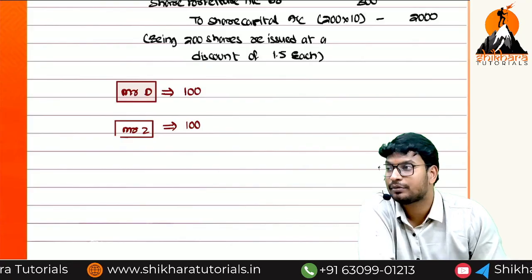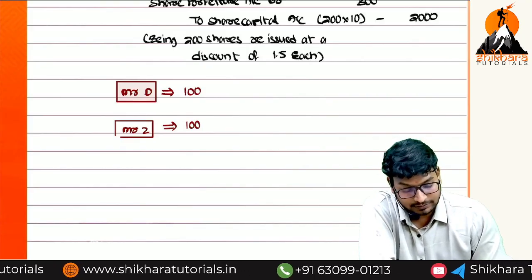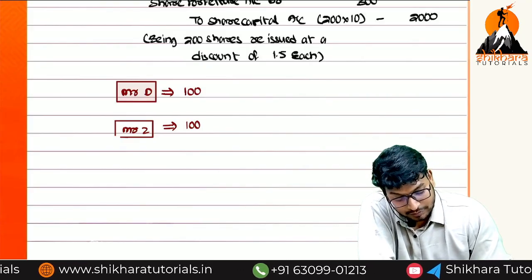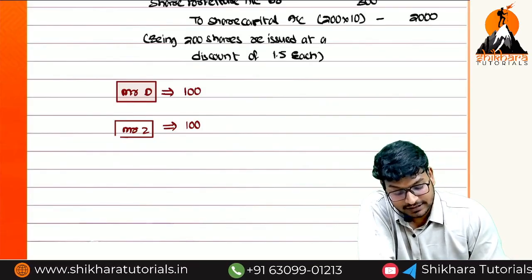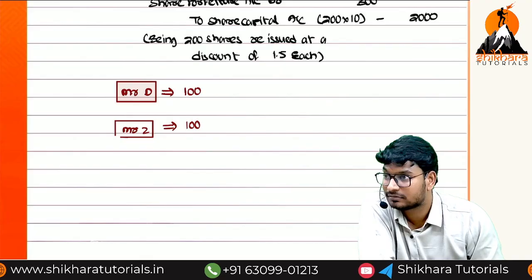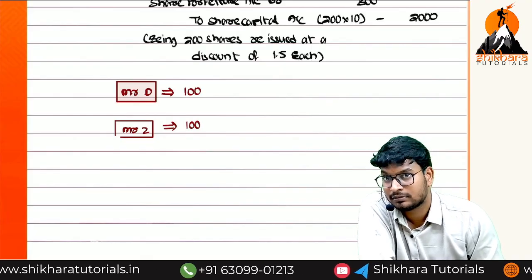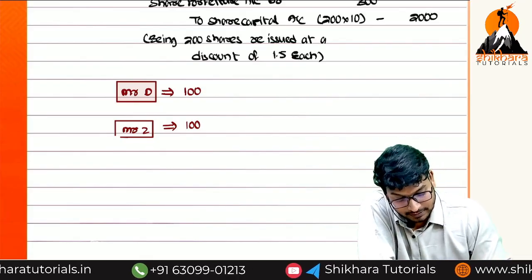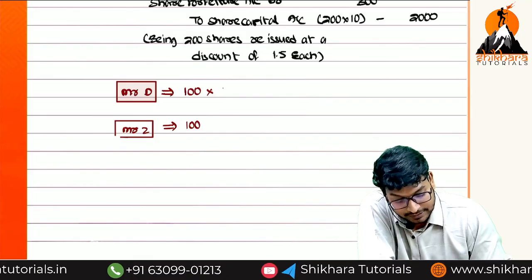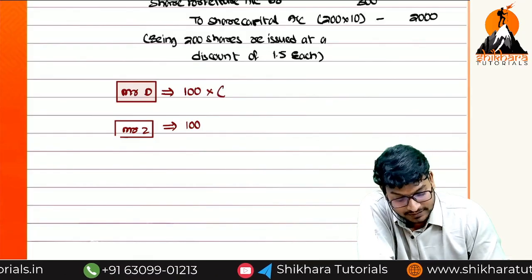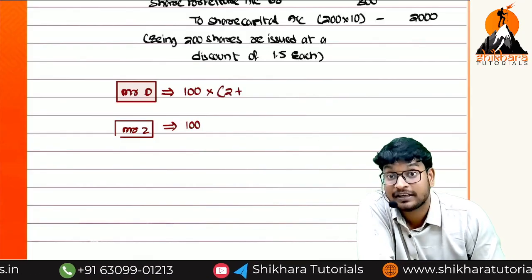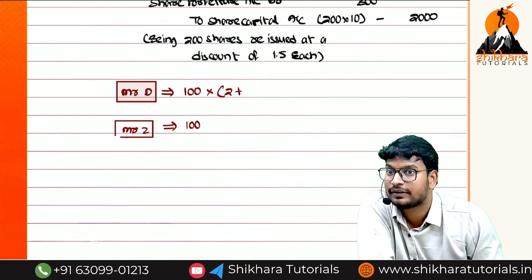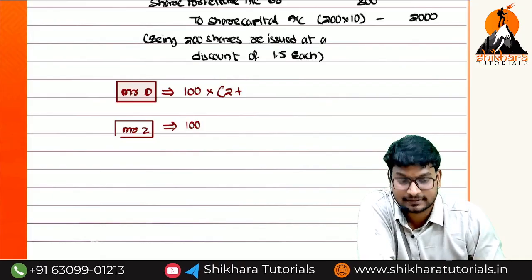Combinedly we are issuing how many shares? 200. So first of all, how much amount have we received on 100 shares? That means we have received the first installment amount of rupees how much? 2 plus 0.5. 0.5 we have received at the time of application itself.